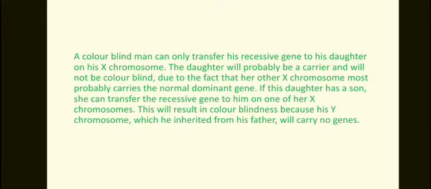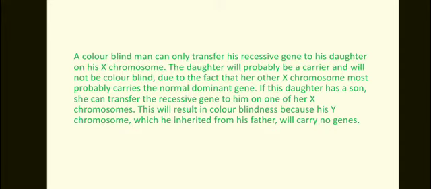But if this daughter has a son, she can transfer the recessive gene to him on one of her X chromosomes. So what does that mean? It means that this man can transfer his X chromosome only to his grandson. He cannot transfer the X chromosome to his son, but only to his grandson through his daughter. You see that? So this will result in color blindness. The grandson will be colorblind.